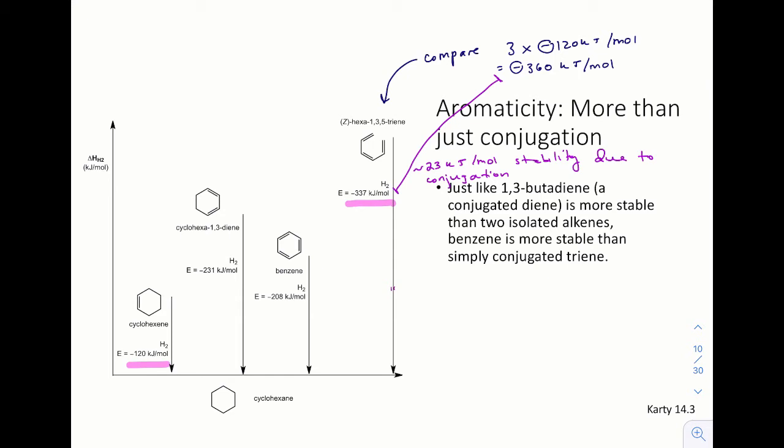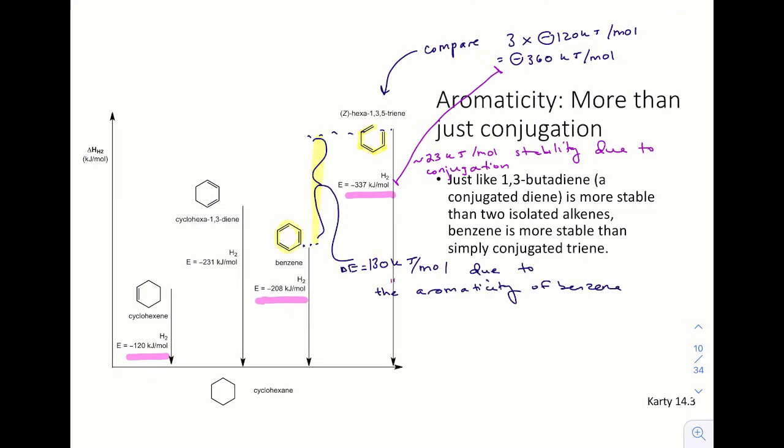Now, look at benzene. Benzene only differs from 1,3,5-hexatriene in the fact that the pi system is now cyclic, right? There's a bond between the 1 and the 6 carbons. Look at the difference in the heats of hydrogenation. Benzene is about 130 kilojoules per mole more stable than hexa-1,3,5-triene.